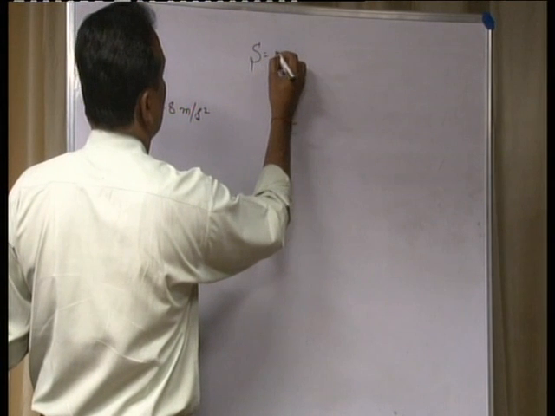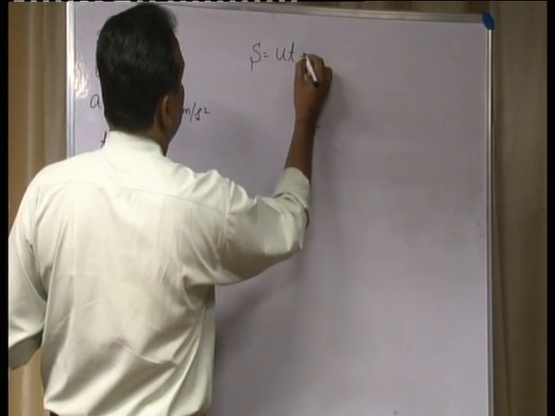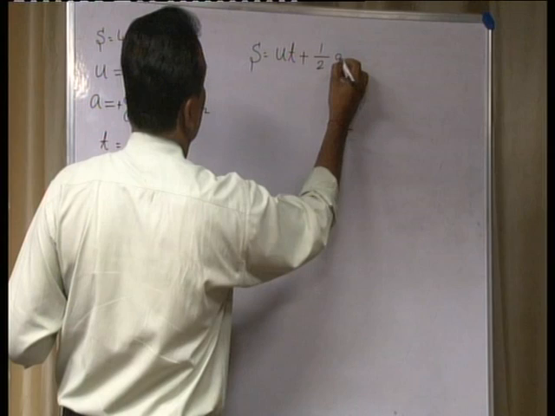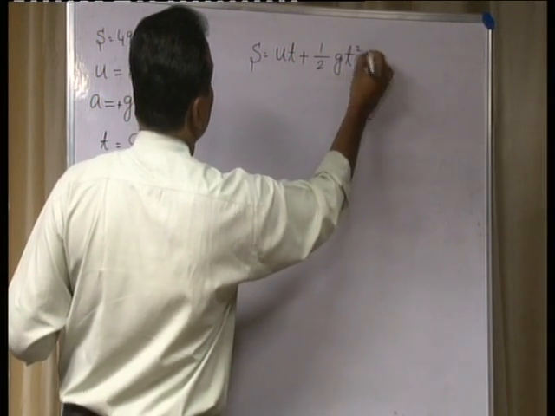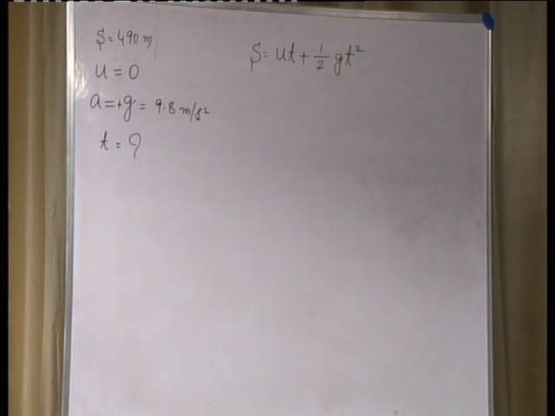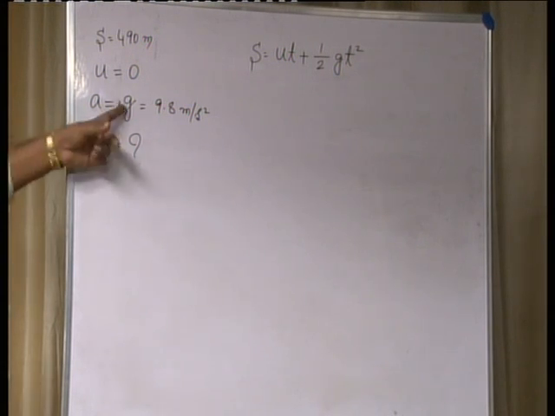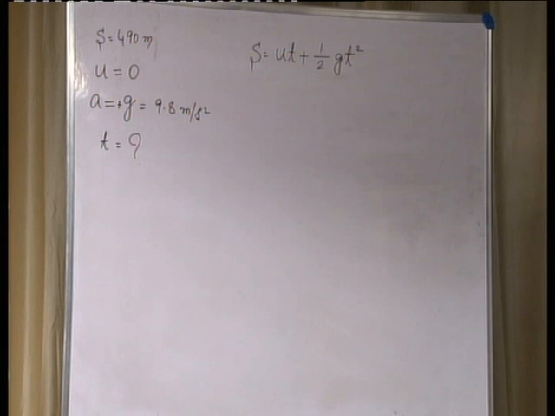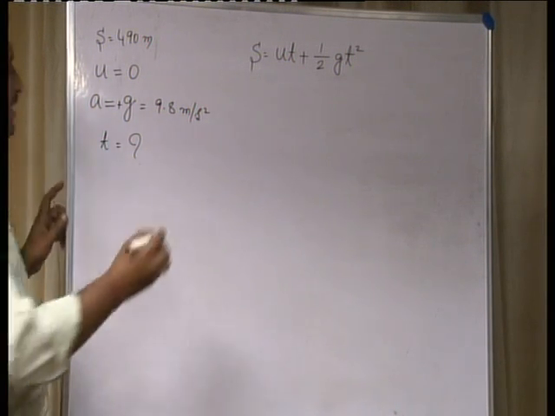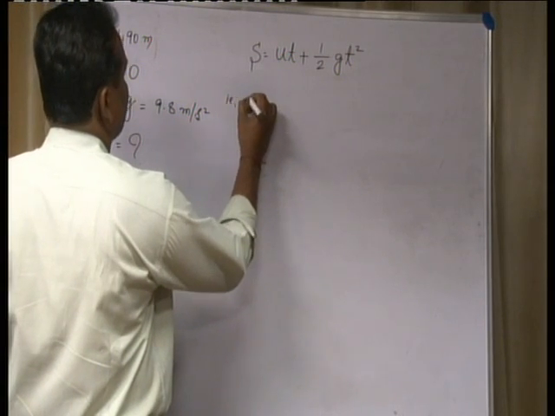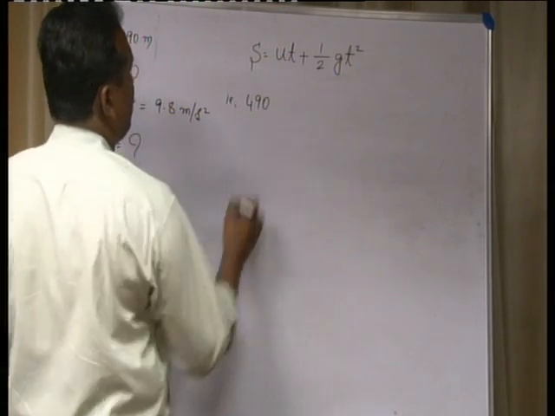S is equal to ut plus half at square, but here it is gt square because acceleration is nothing but the acceleration due to gravity. It is plus gravity because the body is moving towards the earth surface. So, how much is S? S is 490 meter.